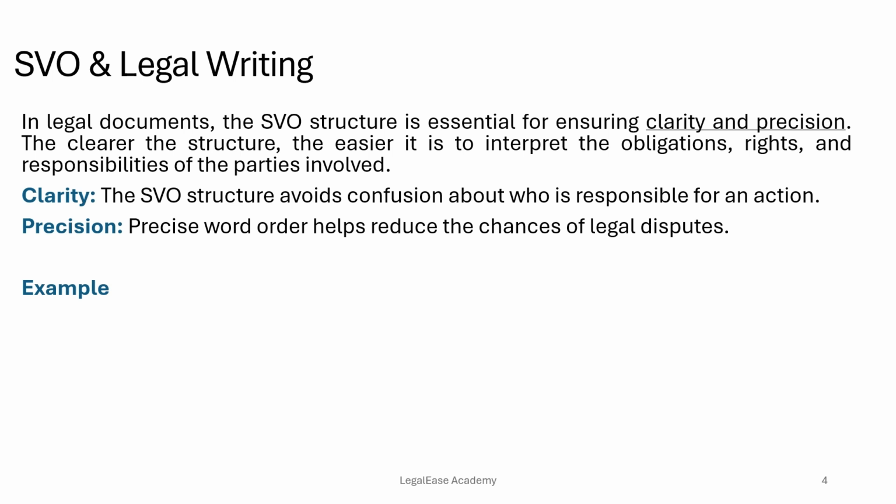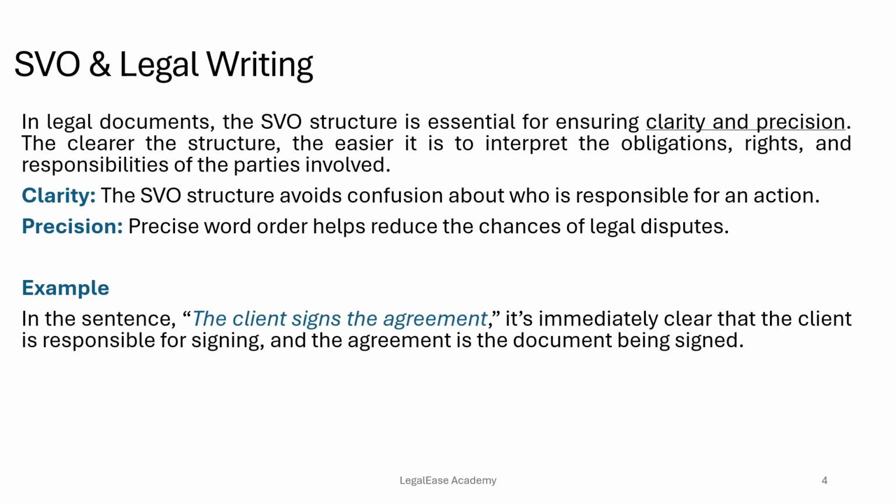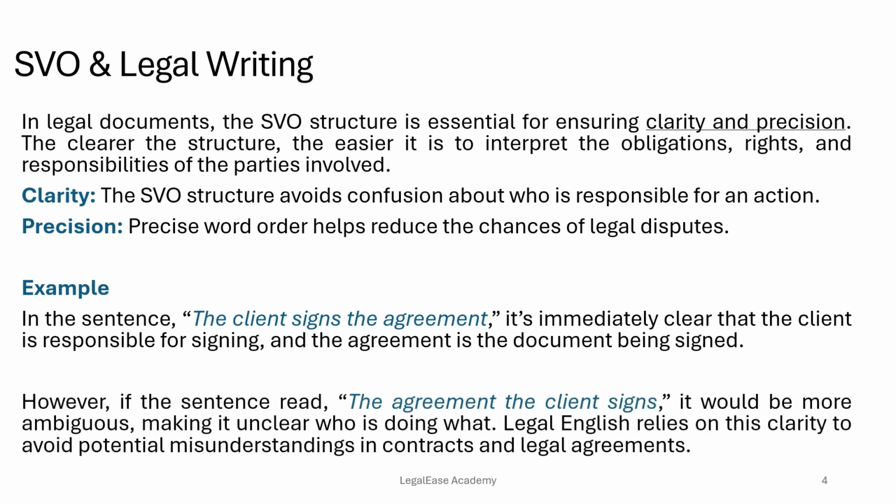An example of this then would be in the sentence here. So in the sentence, "The client signs the agreement," it's immediately clear that the client is responsible for signing, and the agreement is the document being signed.